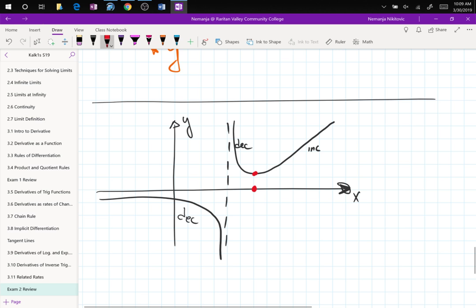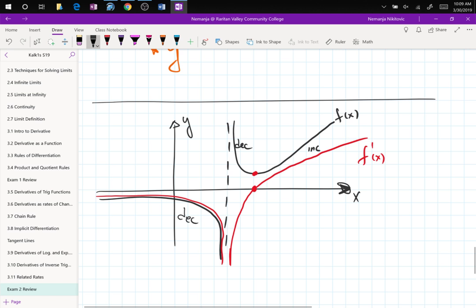So when you have a decreasing line, the derivative is below x-axis. Now on the other side, you have a decreasing function. Derivative has to be below x-axis and following the asymptote. On the other side, it's increasing, so it's going to look like this. So red is f prime of x, and black is f of x.